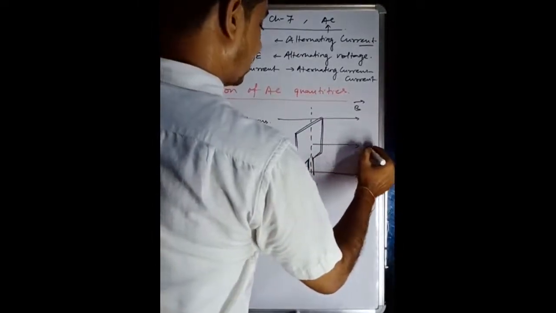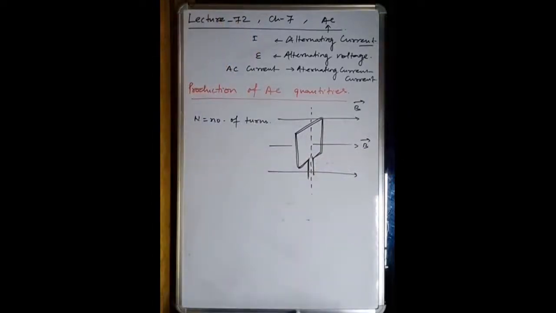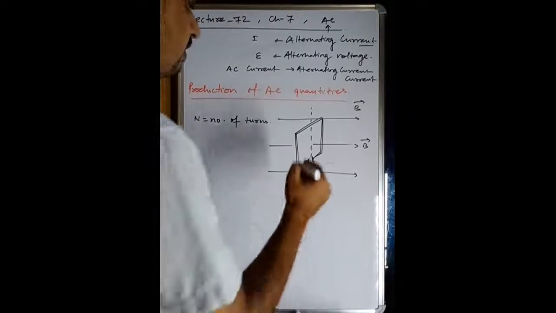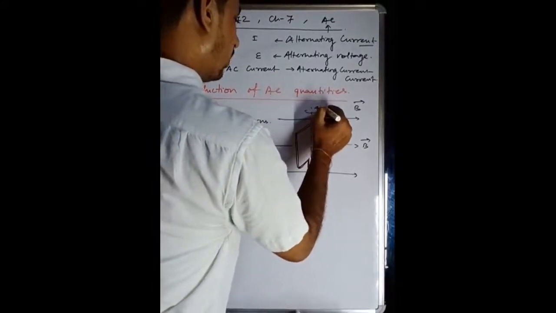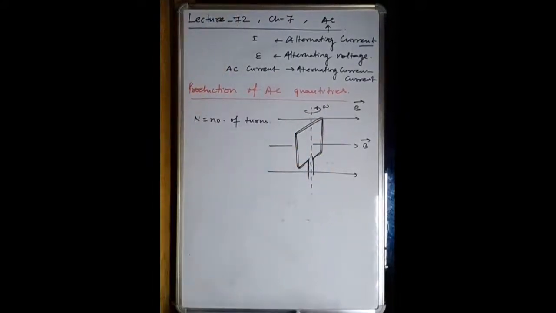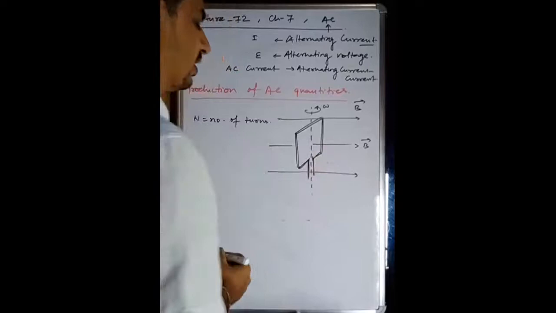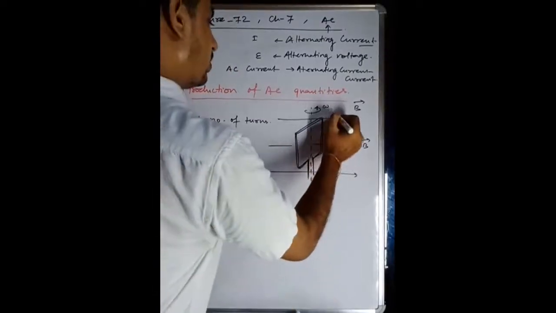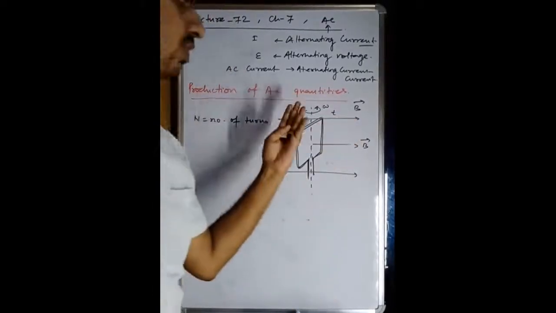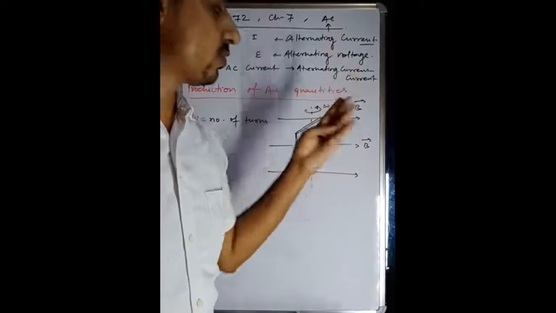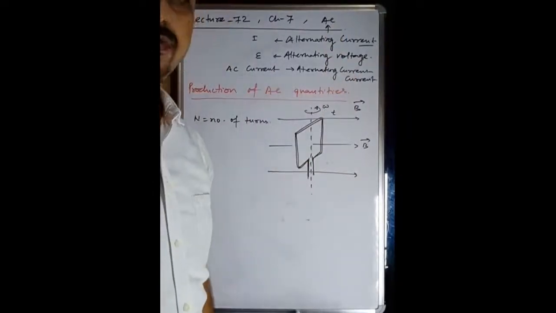This is the uniform magnetic field. At an instant, this coil is allowed to rotate with angular velocity omega, that is the angular frequency as well. At a certain time the area will be in this direction, but if you give some time, t seconds, this coil rotates, and due to rotation there will be a change in flux.